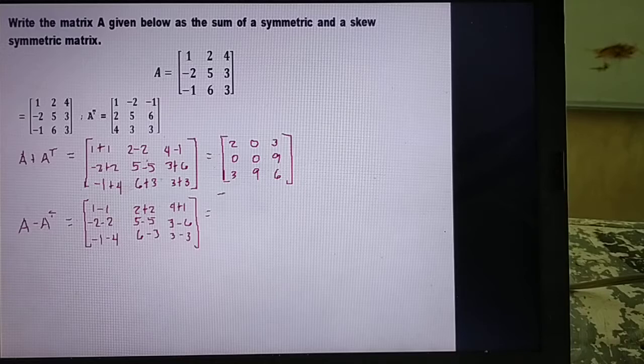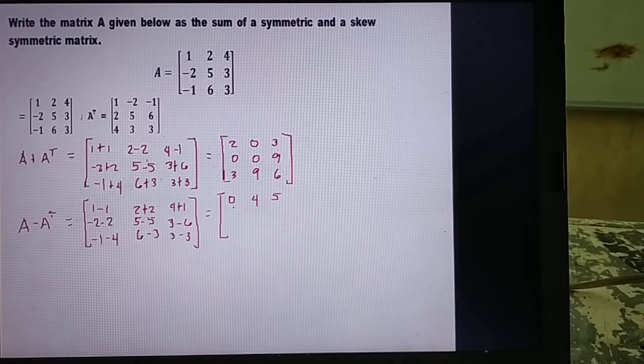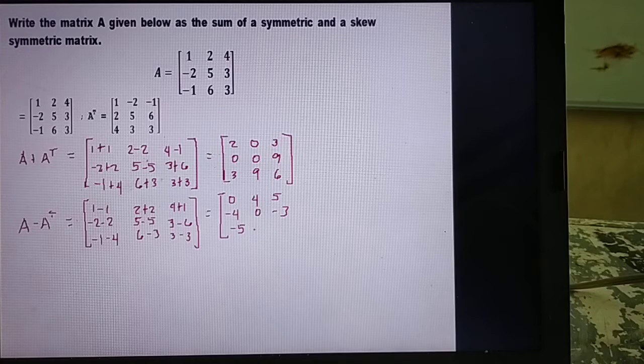So the difference: this is 0, this is 4, this is 5, this is negative 4, 0, this is negative 3, this is negative 5, this is 3, this is 0.